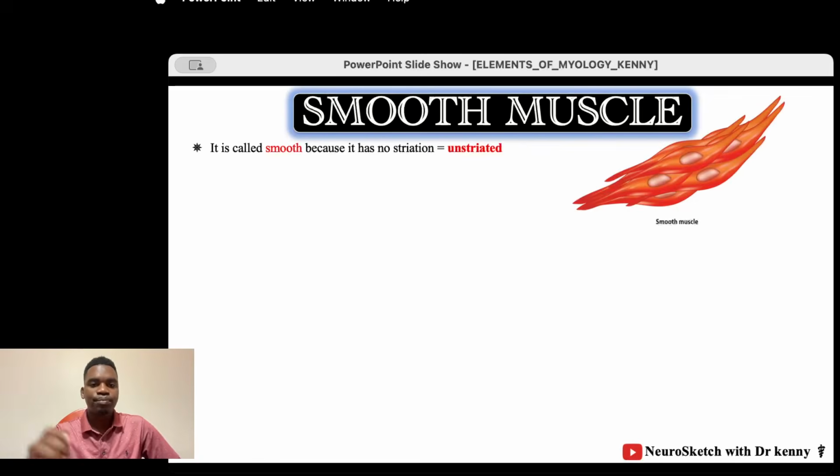All right, so let's talk about the smooth muscle. A smooth muscle is called smooth because it lacks the striations, it lacks the stripes. So it has no stripes, and that's what makes it smooth. So it's smooth muscle, unstriated.